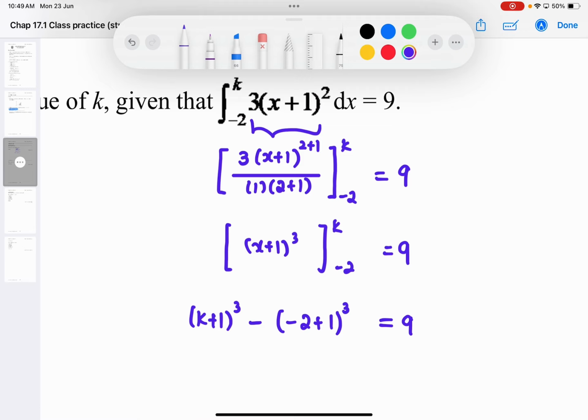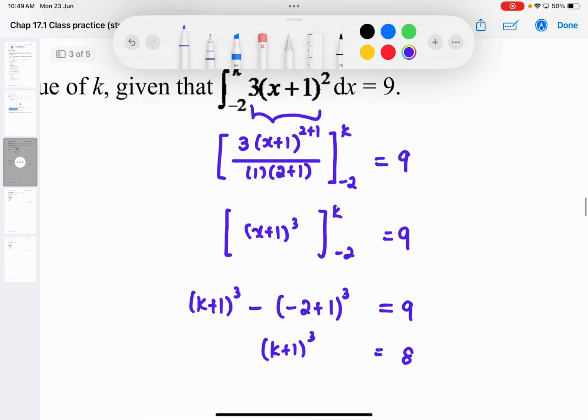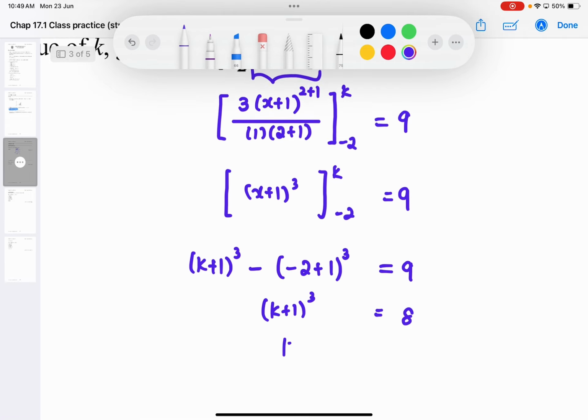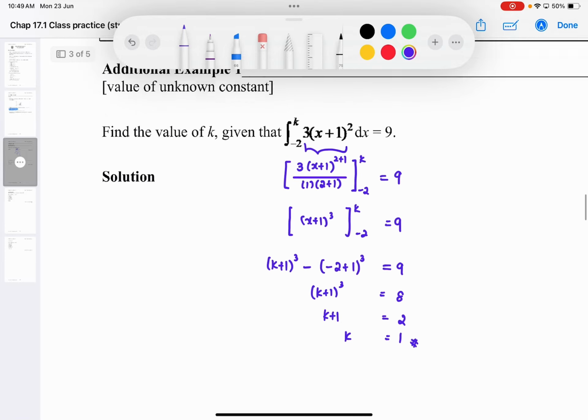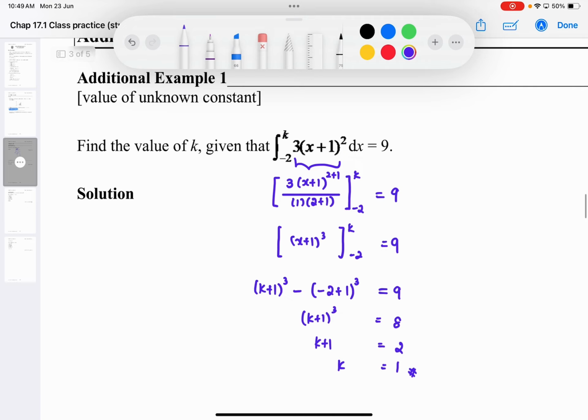Then you solve for k. Quite simple, right? So this should give you k plus 1 cubed to be 8. So k plus 1 is 2 and k is 1. So that's the answer for example 1.